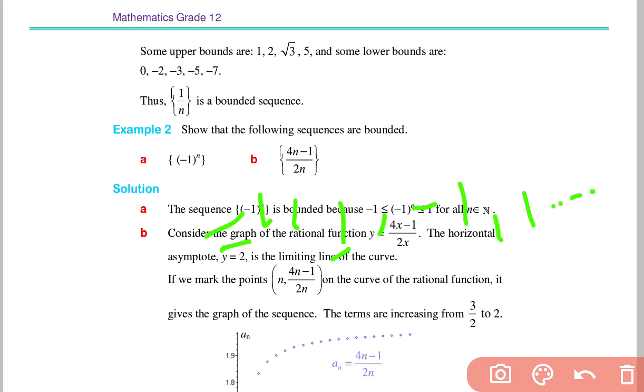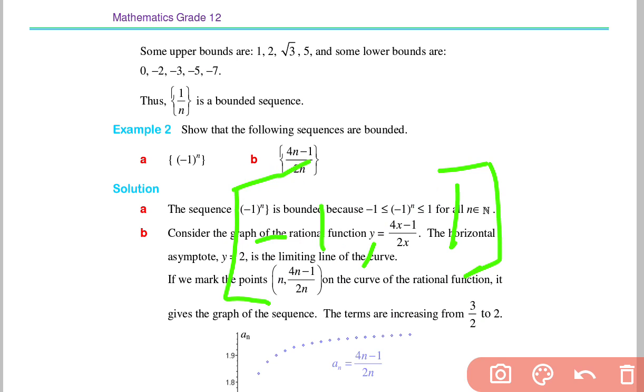This sequence is bounded because it has two bounds, an upper bound and a lower bound.